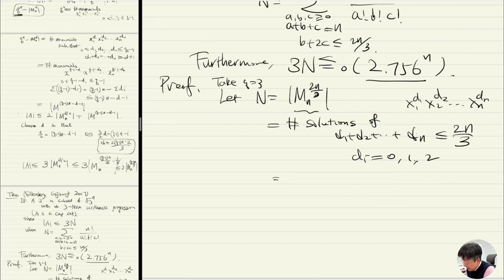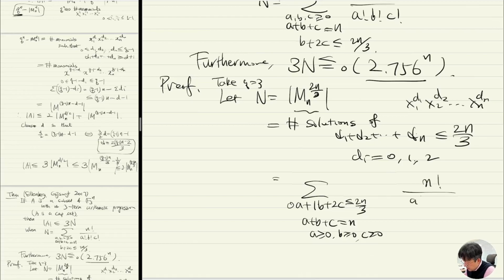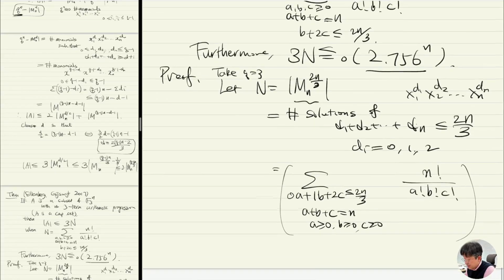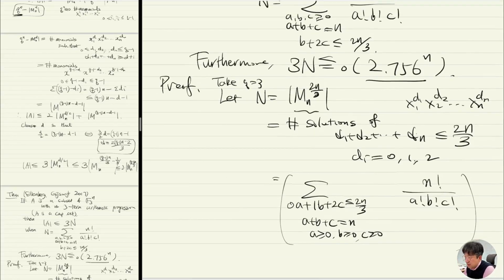So if a is the number of zeros and b is the number of ones and c is the number of twos, then we want their weighted sum to be at most 2n over 3, and the total number of them is exactly n, and each of them is at least 0. Then once you fix the number of zeros, ones and twos, what's left is n factorial over a factorial, b factorial, c factorial. So this is exactly N. So that's the upper bound.